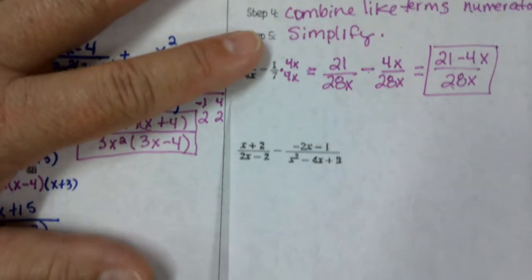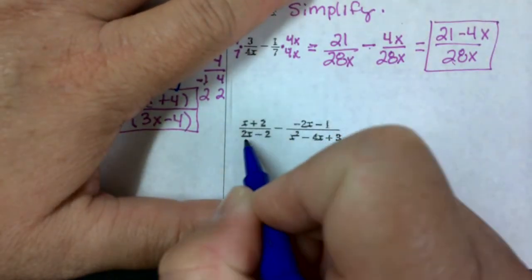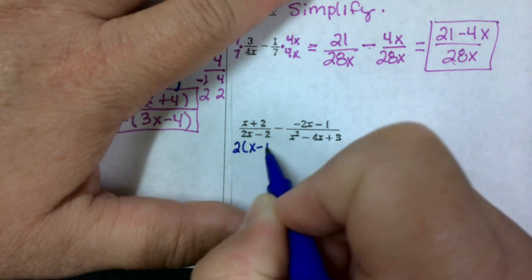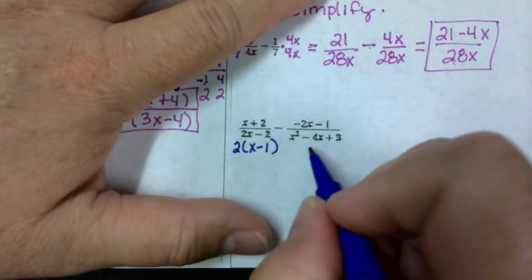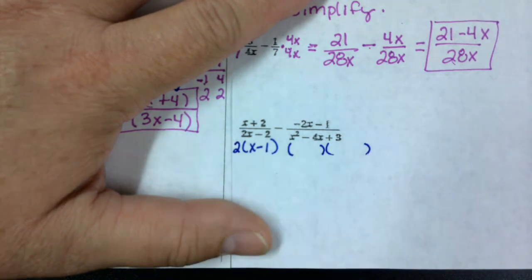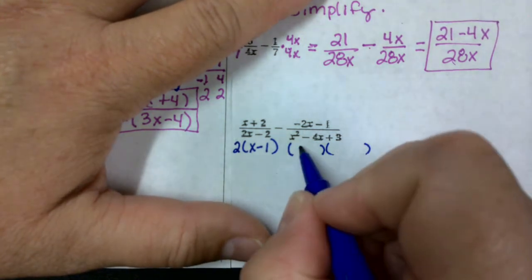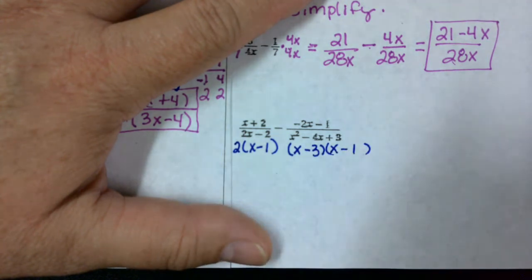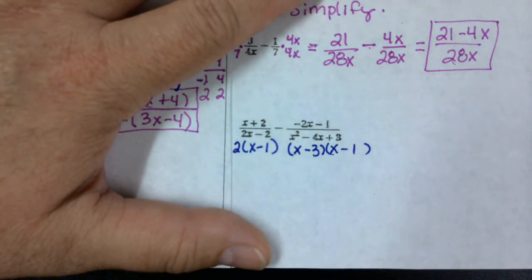Okay, last example. Factoring my denominator, I have 2 times x minus 1. Factoring this denominator, because I'm fast forwarding through my video, x minus 3 times x minus 1. Okay.